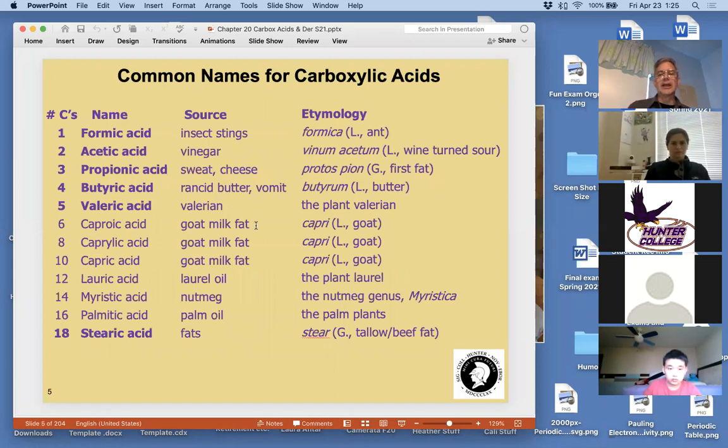These are the common names, and I love the origin of these names, so I'm going to go through it, but not in bold, so I won't test on it. The simplest one, formic acid, has a hydrogen instead of a carbon on one side. The formic part of the name comes from formica, which is Latin for ant. If you've ever had an ant sting you and it burned, that ant just injected formic acid under your skin.